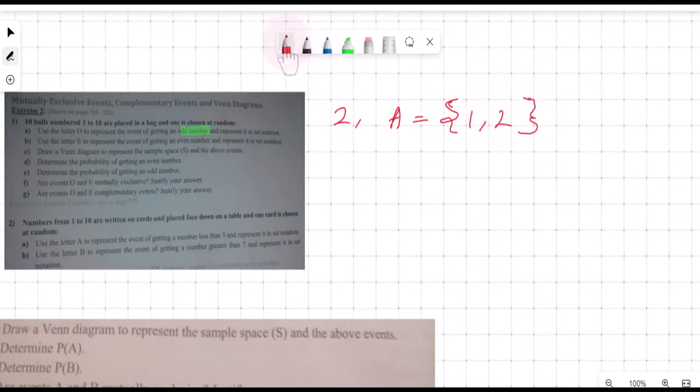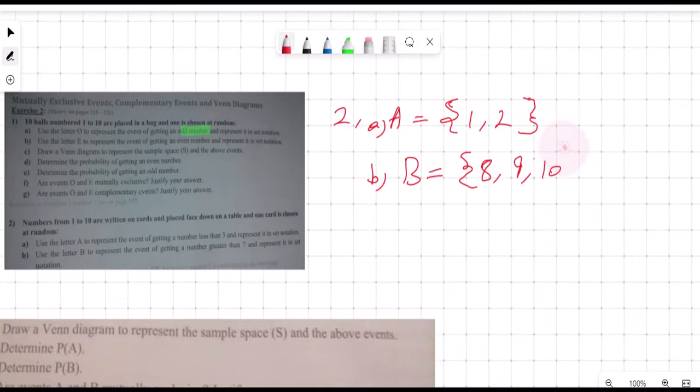That was A. Then B. Use the letter B to represent the event of getting a number greater than 7 and represent it in set notation. So we have B equals numbers greater than 7: 8, 9, and 10.